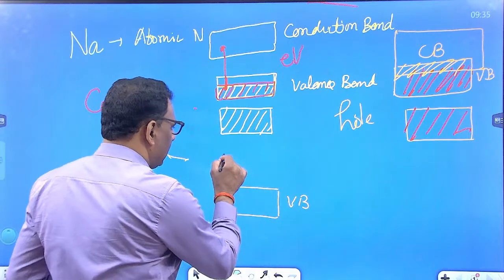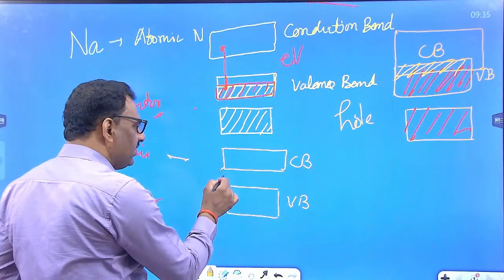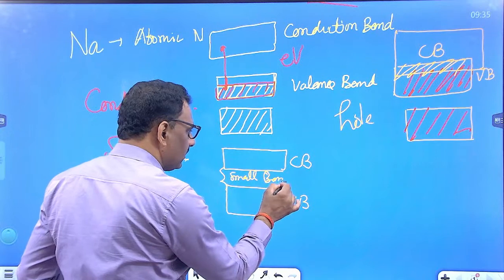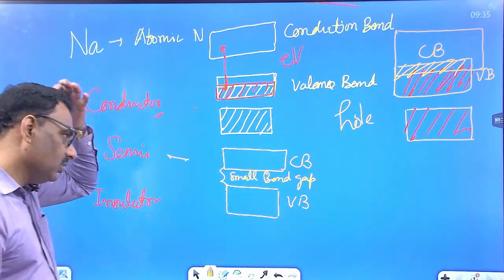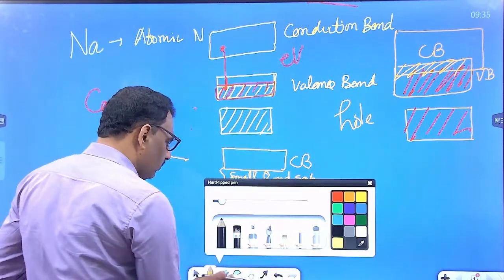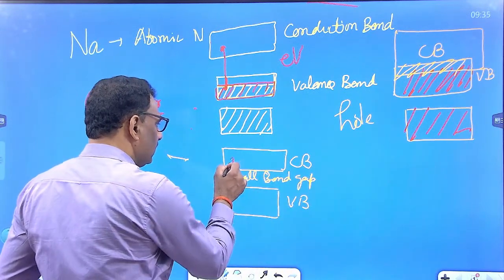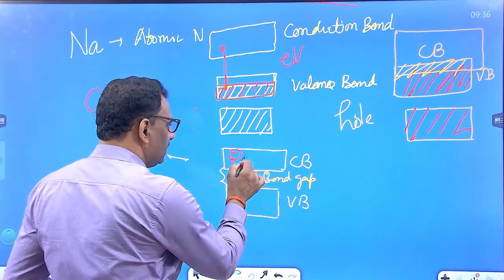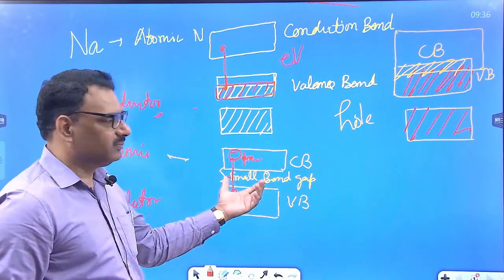band and we have a conduction band, CB, and we have a very small gap, small band gap. So if you supply external energy, the electrons will move from here to here and become, here we have hole, here we have free electron, and this band gap is very small.